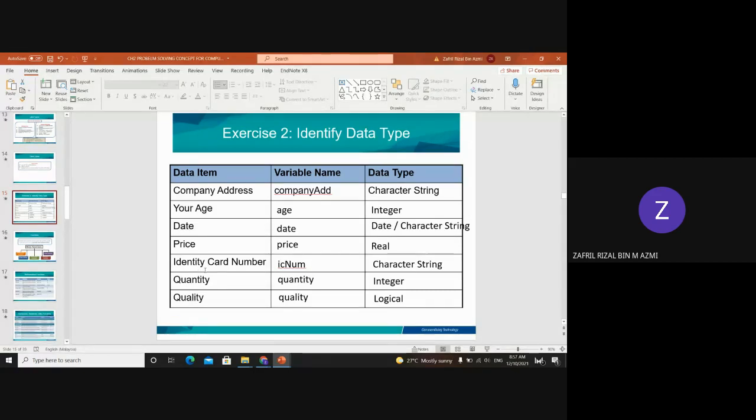Is there any way that I can declare IC number as a numeric? Can I do that, class? Can. Okay, give me one situation where you can use IC number for any calculation.